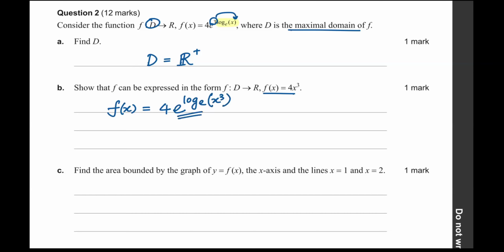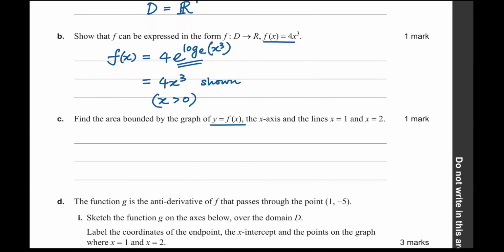And this e and log e will cancel. So that is 4x to the power 3. It's shown. So it is important to merge this 3 into the argument here as the power and then cancel e and log e. And the domain restriction is x greater than 0.